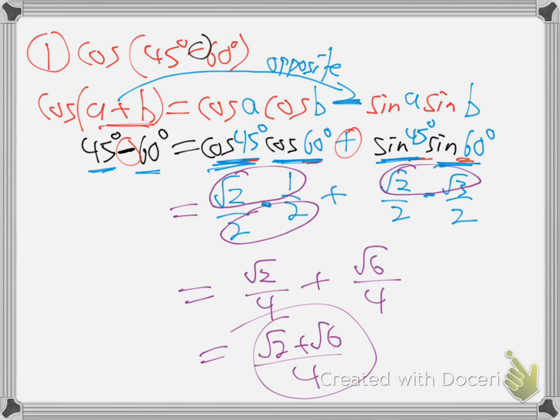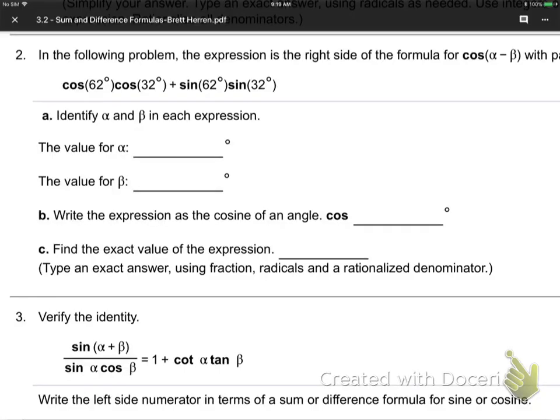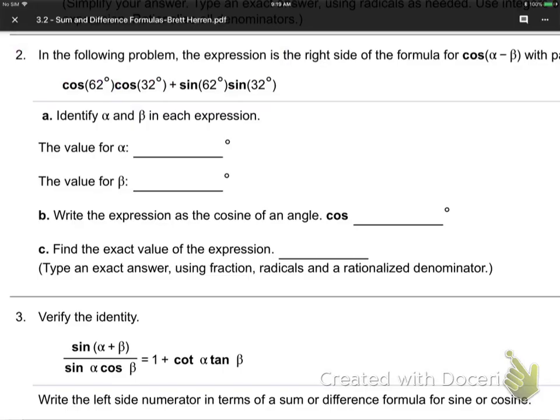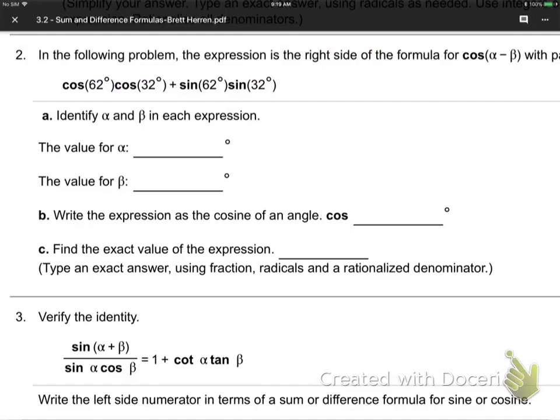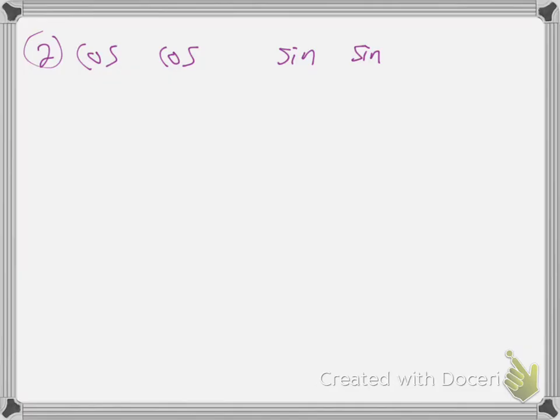So basically this section is all of this. But we're going to go forward and backward, and then we're going to do it with letters and triangles at the end. The last 4 problems are kind of tricky. Here, let me write it where we got more room. Cosine, cosine, sine, sine, 6232, and there's a plus.